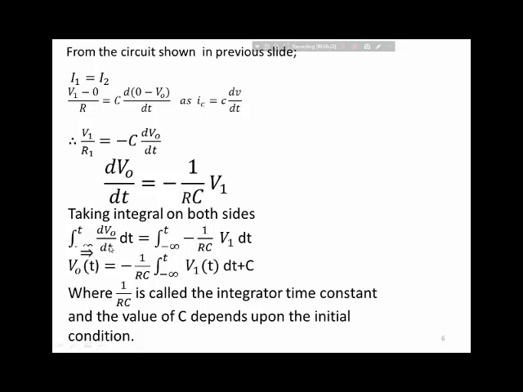So the derivative is cancelled with the integral, and we will get on the left hand side V0. That would be equal to, this is a constant, into the integration. So here we can bring it out.